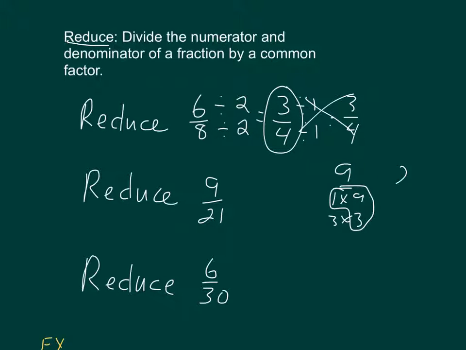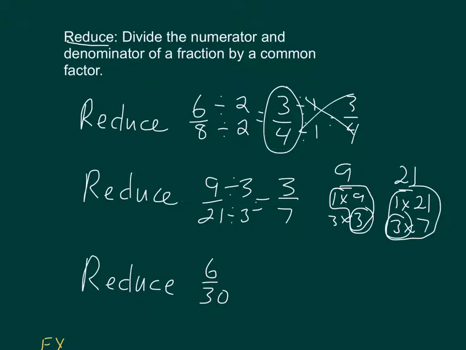The factors of 21 are 1 and 21 and 3 and 7, because factors multiply to make a number, so that has 4 factors. Of those factors, the common factor I could divide them both by is 3. So I'm going to divide 9 by 3 and 21 by 3, and that gives me 3/7. When I look at 3 and 7, there are no more common factors other than 1, so that's simplified.